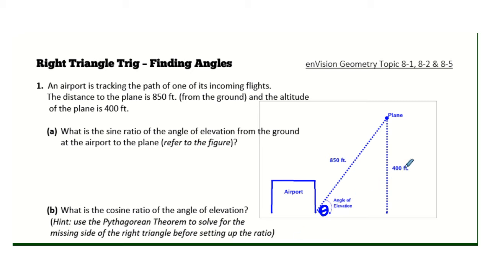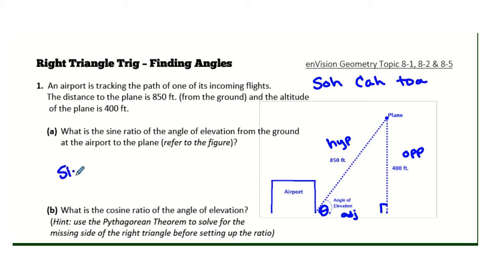And opposite of this angle is 400 feet. And then this would be a 90-degree angle here because this is perpendicular to the ground. So this one is the hypotenuse, which means that this side is the adjacent side. So to find sine, remember we're using SOHCAHTOA.